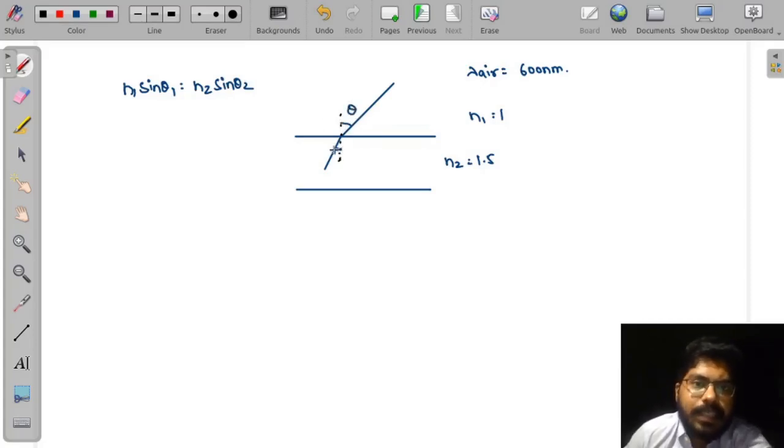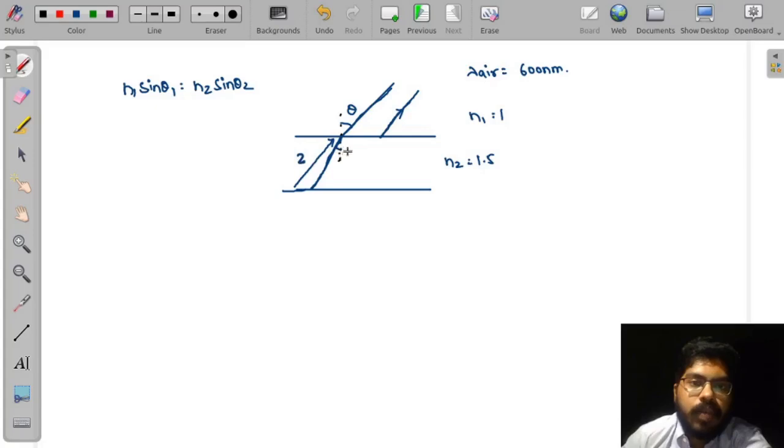If this angle is given, you could have easily found out this angle, and then the path difference would have been twice actually. Look now very carefully. There might have been a ray that comes through this part and is again reflected back in this. And there might be some rays going from this ray to this ray. So now your path difference is twice of this distance.